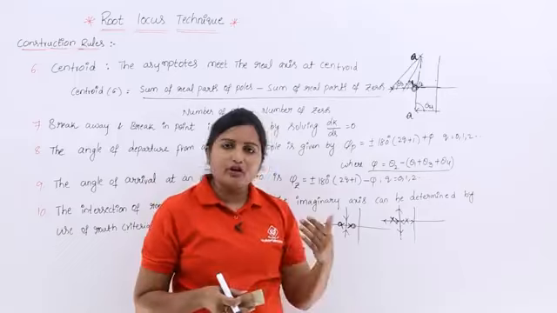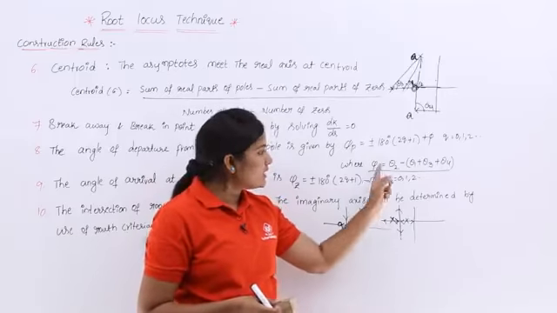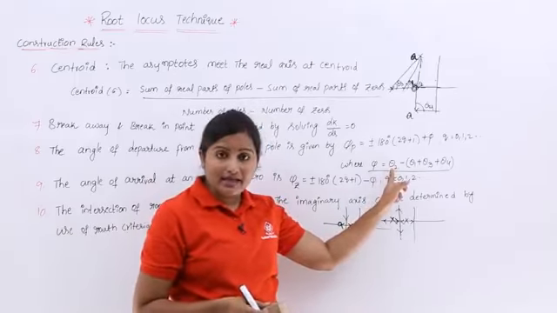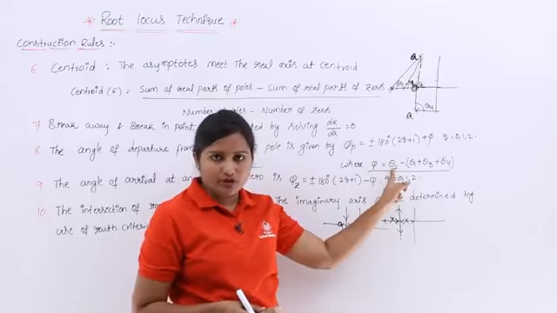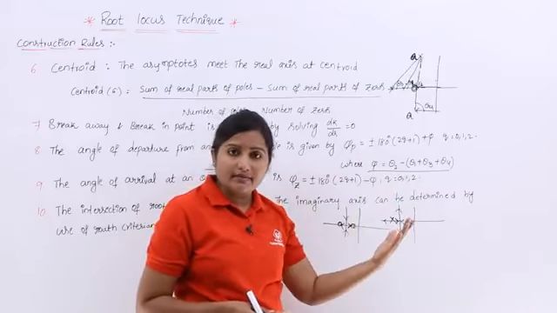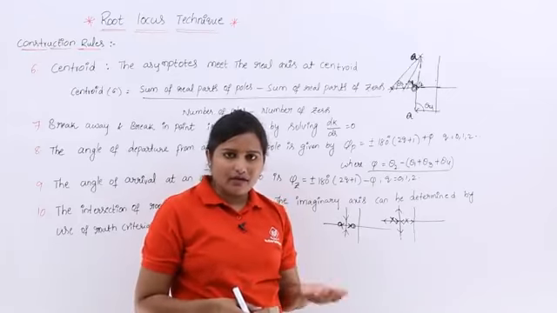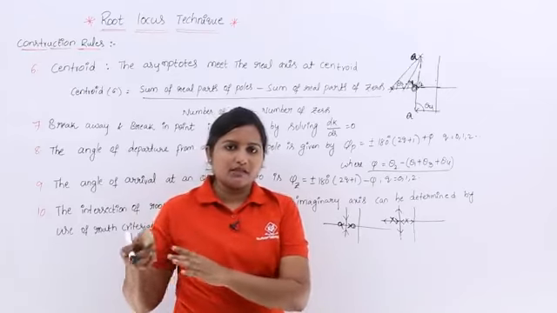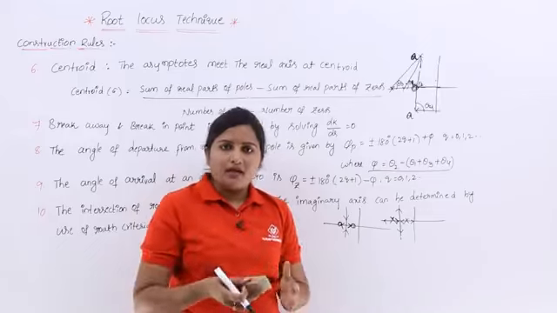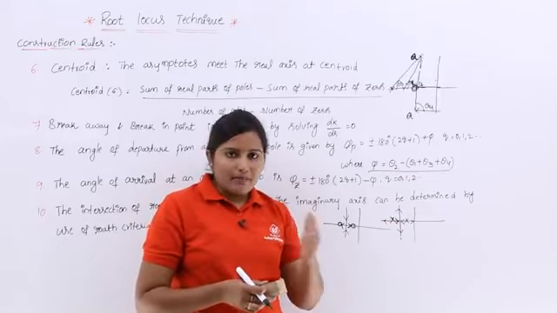For example, if you are having a larger number of zeros, here we are going to add the angles made by those zeros. That means, for example, theta 1, theta 2, theta 3 are the angles made by the zeros, and theta 5, theta 6, theta 7 are the angles made by the poles.